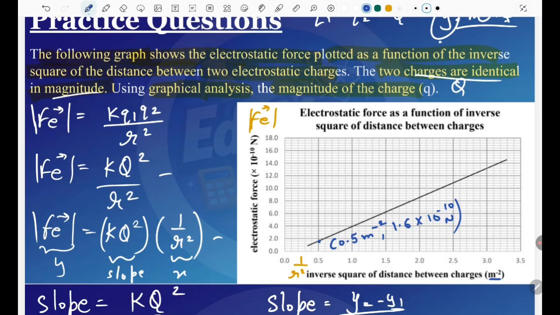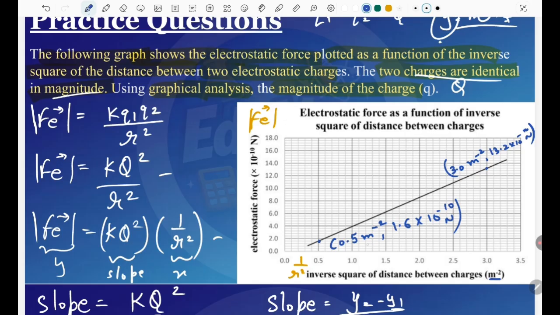From here I take another point; you can take any other points from this best fitted line, and you get the accurate values. I will tell you what answer I got, and if you got something other, this is also right. So this point is like 3.0 meter minus 2 comma, and we have 13.2 into 10 raised to power minus 10 newtons.